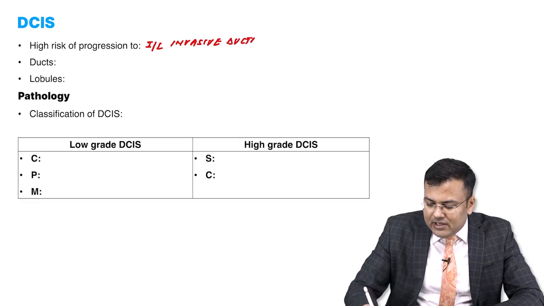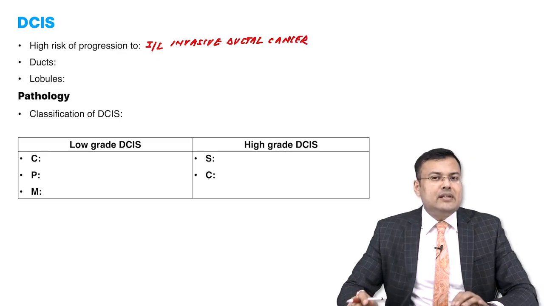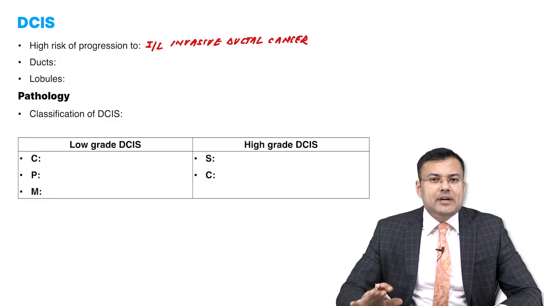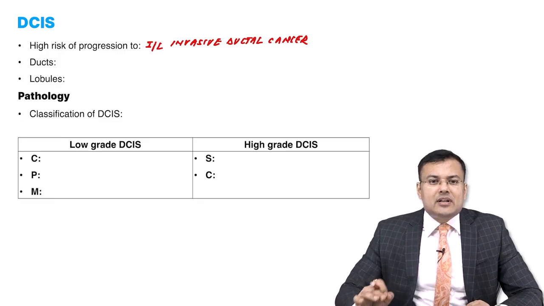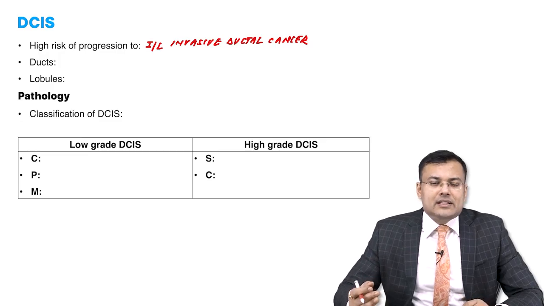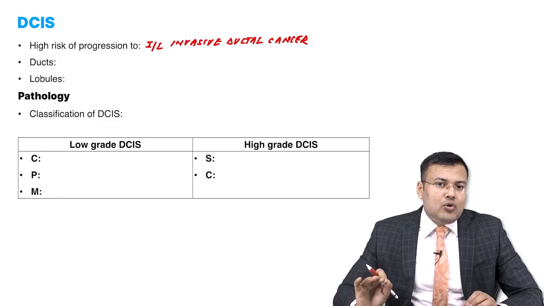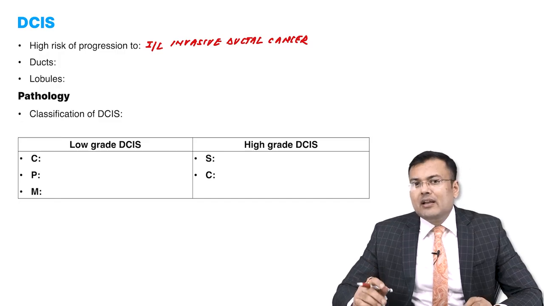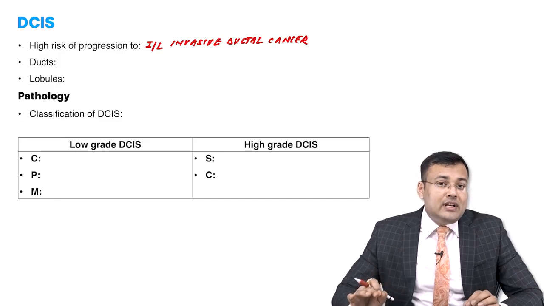Ipsilateral invasive ductal cancer. Okay, one thing, you know that ducts are present in the breast of both males and females. It means DCIS as well as invasive ductal cancer is seen in both males and females. But lobules are only seen in females. That's why lobular carcinoma is only seen in females.